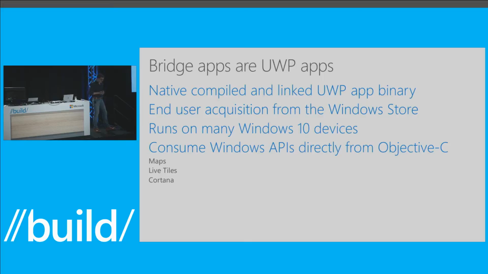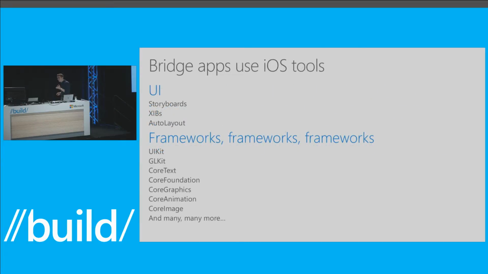But it's not just that. You get to use Windows 10 features, like Live Tiles, like Cortana, like Maps, all from Objective-C. So bridge apps are UWP apps that use iOS tools. So you can maximize your reuse and minimize the amount of additional work that you need to do to get up and running. Your skills still apply on Windows.